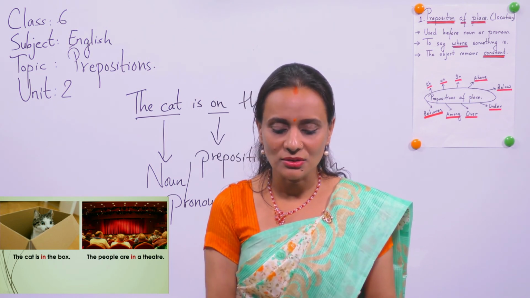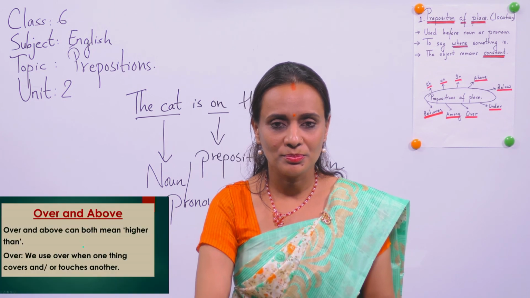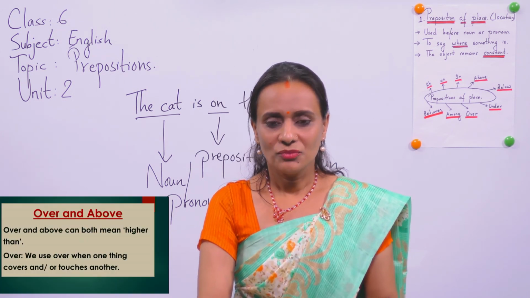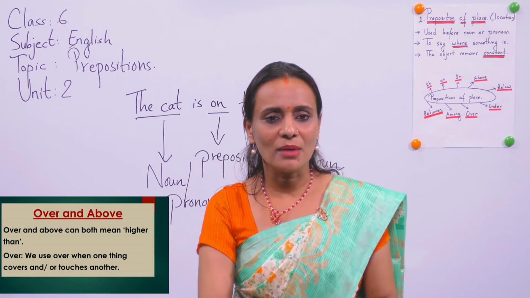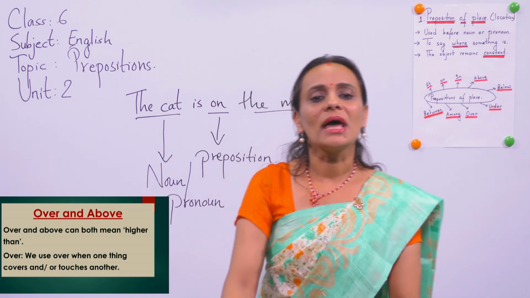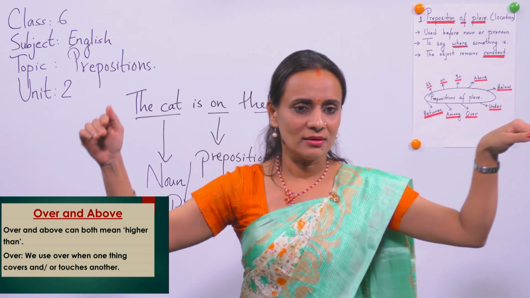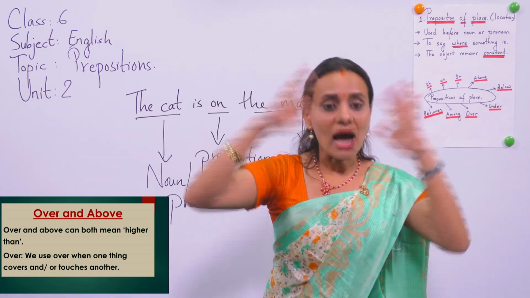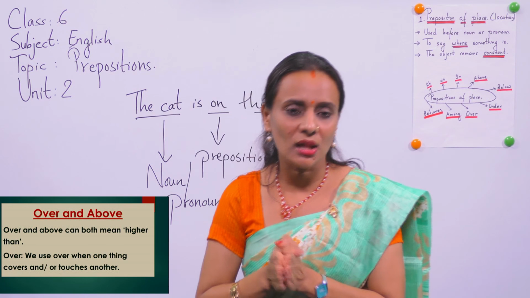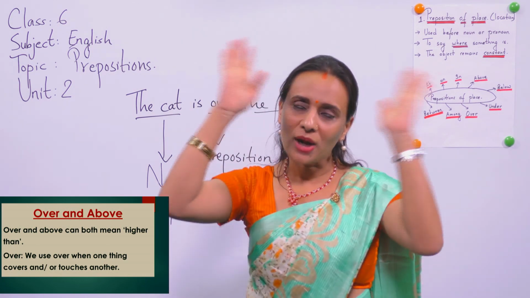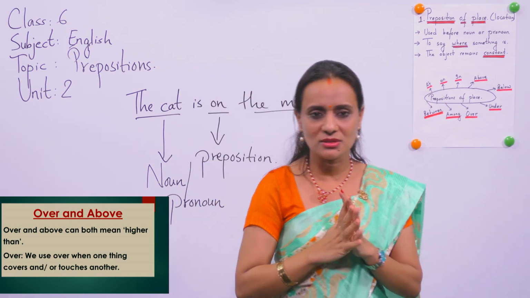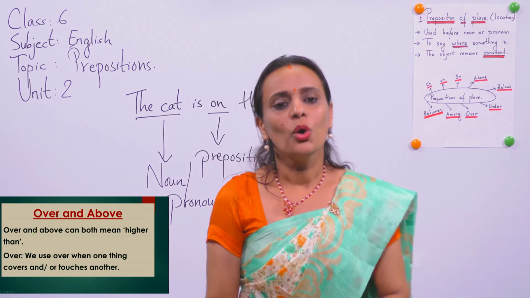Now, we have another, okay. We have other words, both of them over and above. These are the words and they both mean higher than. Okay, not lower than, higher than means they tell the upward directions, not the downwards directions. And first of all, over.